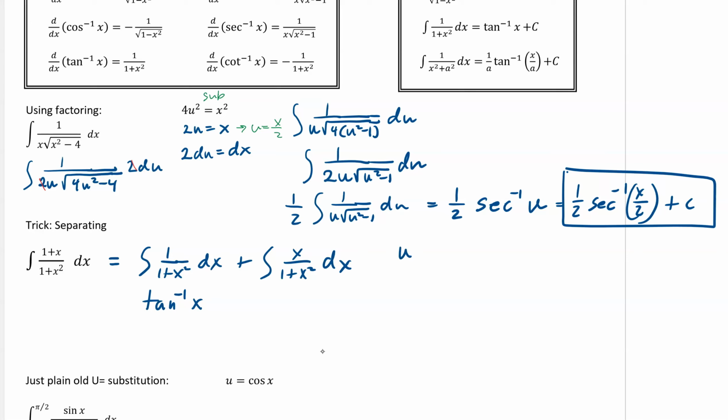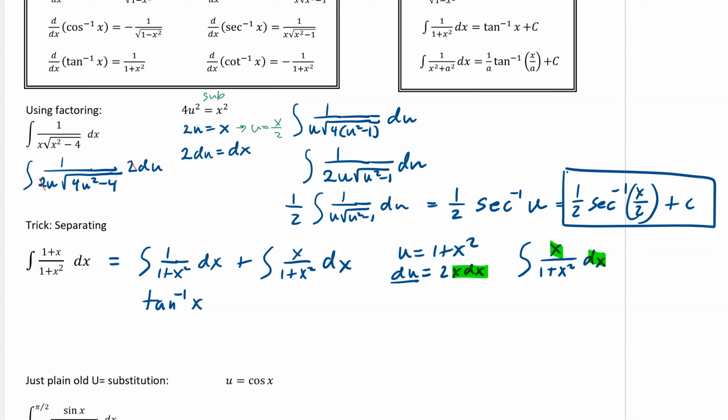So if we go and say, well, u equals 1 plus x squared, and du equals 2x dx, you can see that that becomes the numerator. So what we're going to do is take and do this one off to the side over here with a little u substitution. So the x dx is sitting right here, so we're going to have an extra 2 that we need to move over.